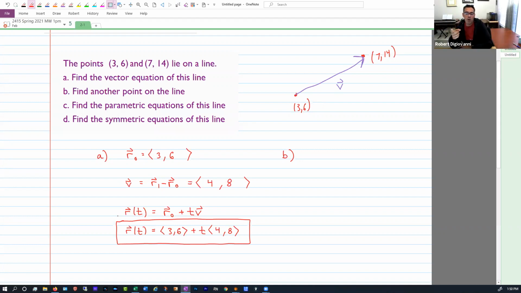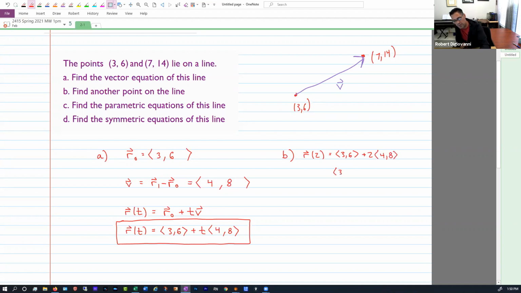Now, don't plug in 1 because if we plug in 1, we're going to get 7, 14. So you want to plug in 2, right? So to answer this question, we just plug 2 into the vector equation. So that becomes 3, 6 plus 2 times 4, 8.